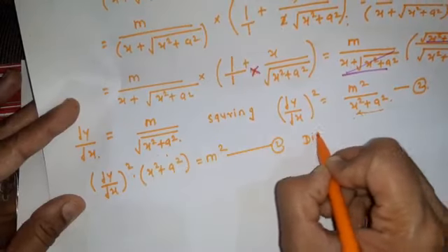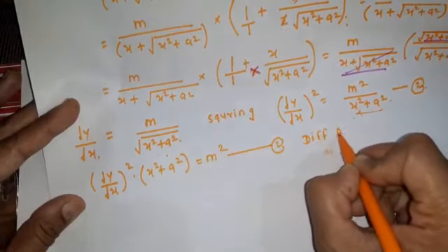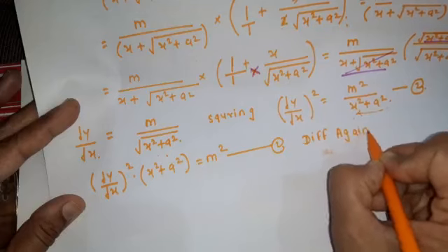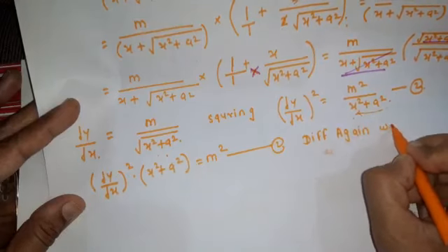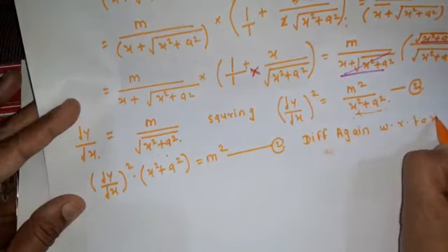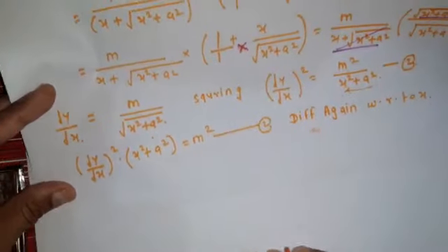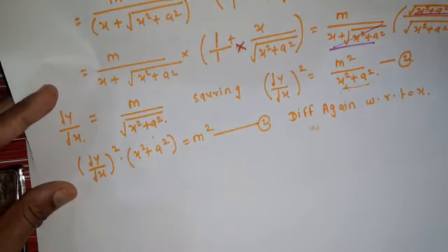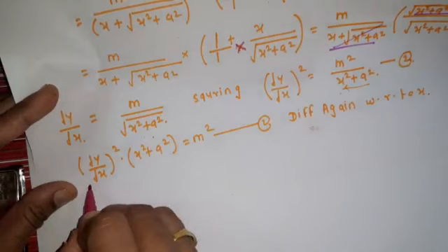Now differentiate again with respect to x. Now we get, this is again a u into v function.